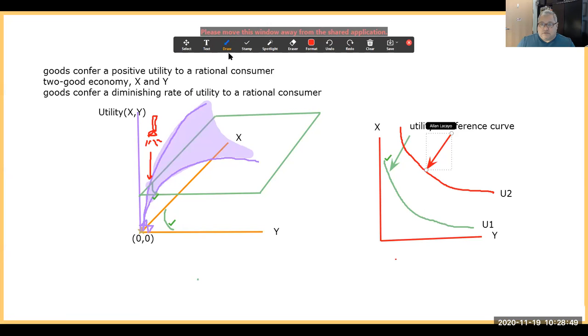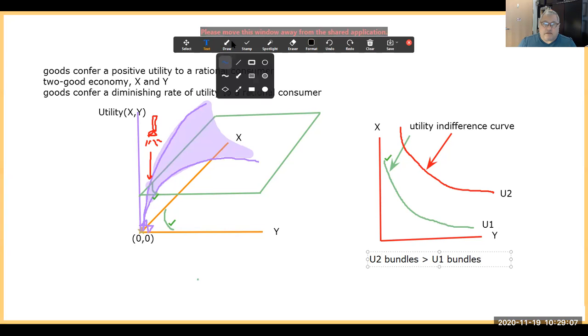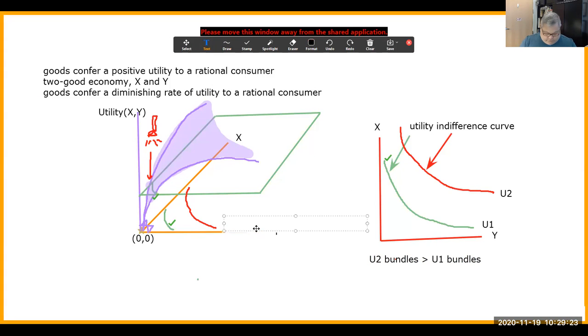Okay, so all the bundles of consumption along U2 have a greater utility than U1 bundles. Okay. So again, let me feature this trace in 2 dimensions now onto 3 dimensions. So that would be the equivalent of U2 as opposed to U1.